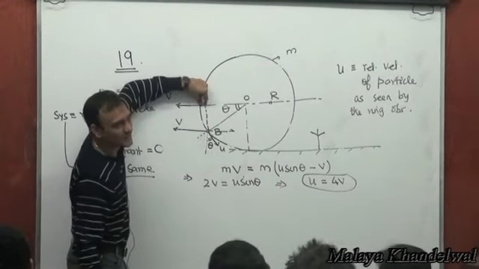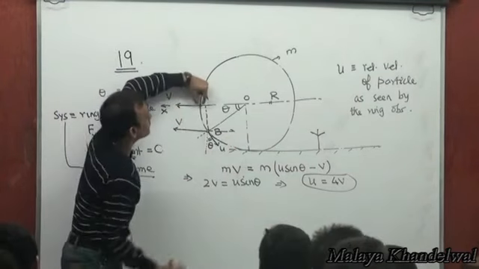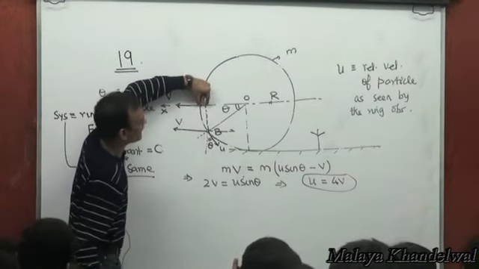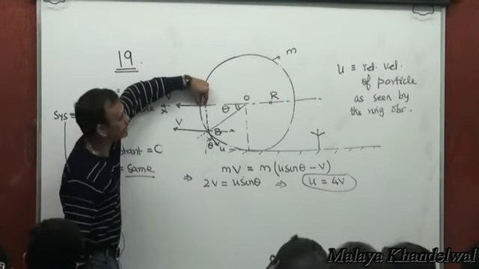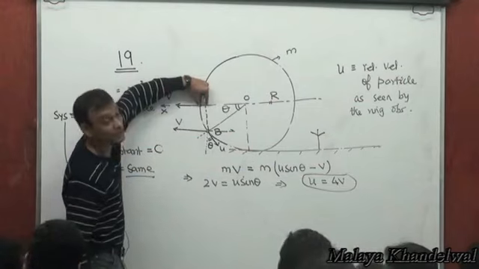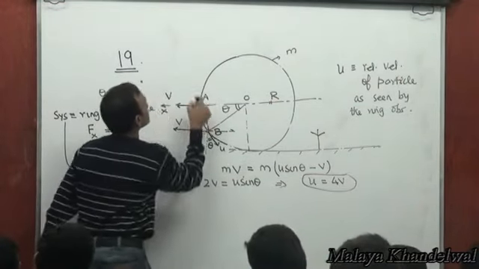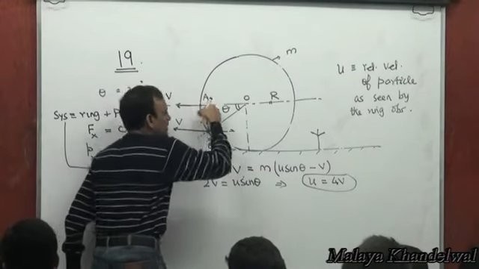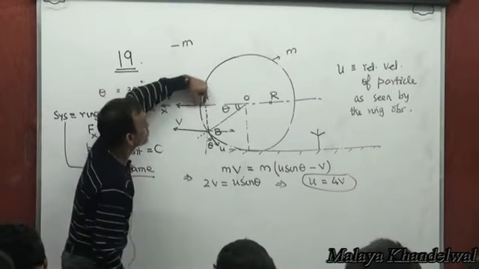If I choose this as the positive x direction, then the disturbance to the numerator summation mixi that it causes is m into this length, with a minus sign because it's in the negative x direction.